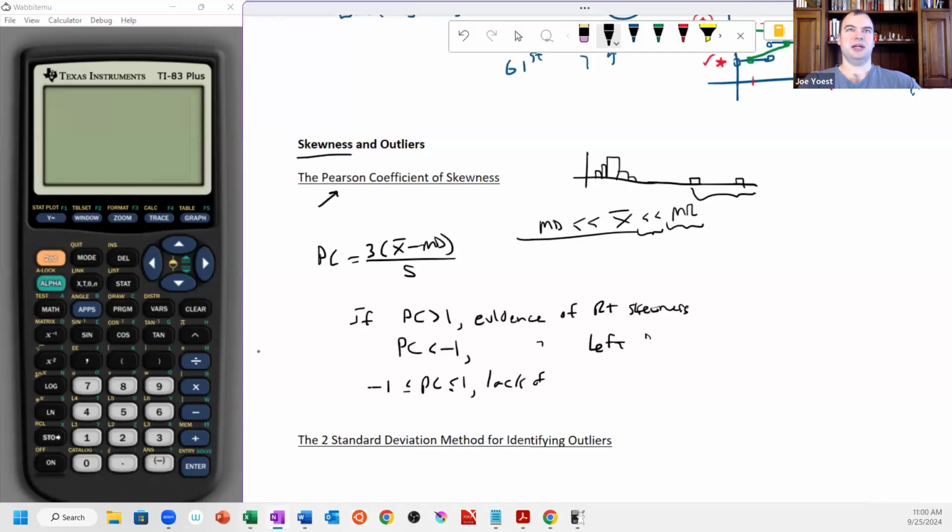I probably wouldn't say that it's evidence of symmetry, but I would say it's a lack of evidence of skewedness. Now, what's the Pearson coefficient really saying? I could rewrite it.